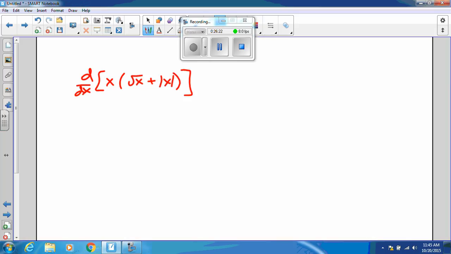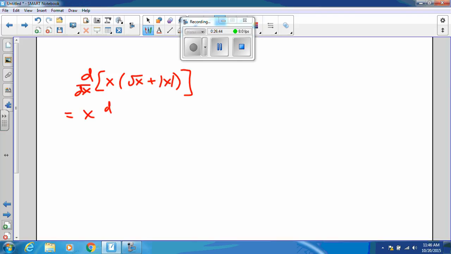Okay, suppose I have this derivative right here. Look ahead just a little bit. If I do the algebra first, I'm going to end up with two different functions that are going to require the product rule, so I have to do two product rules instead of one. Maybe not a good idea.